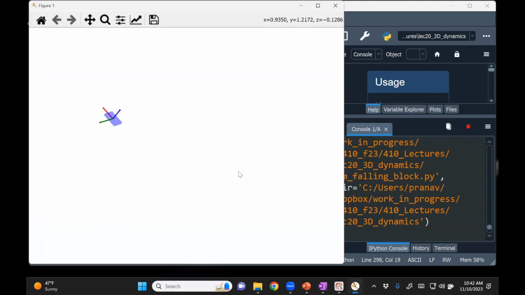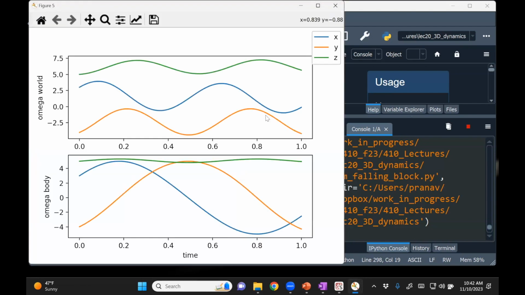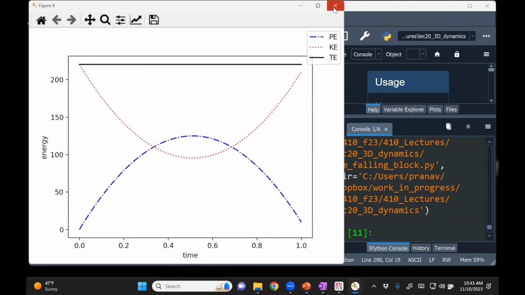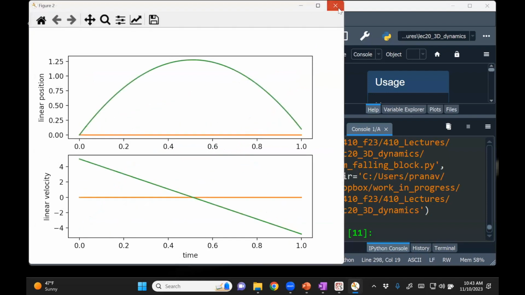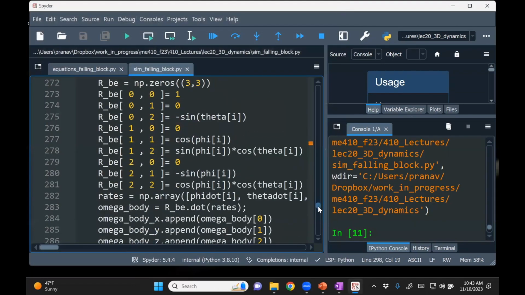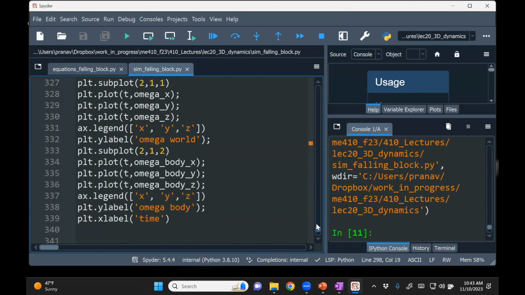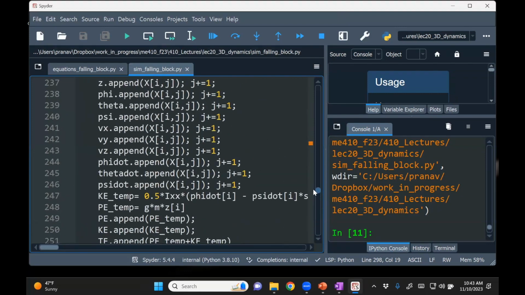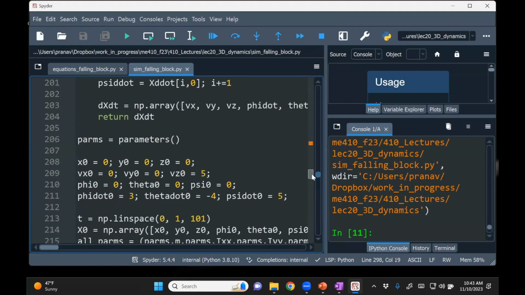So running this shows the animation. This is the falling block. You can see that it's rotating. And it was rotating only because I provided the initial angular velocity as well as a velocity in the upward direction. It's in the initial conditions. So I set some vertical velocity here, 5. Then I gave it some spin, 3, minus 4, 5, and that's why you see it's rotating.